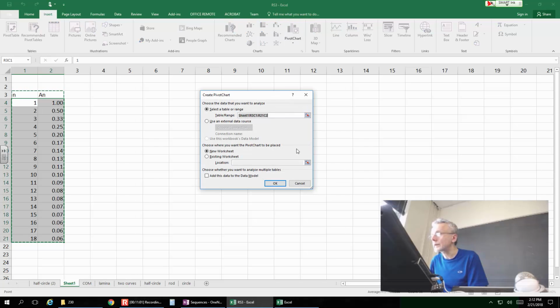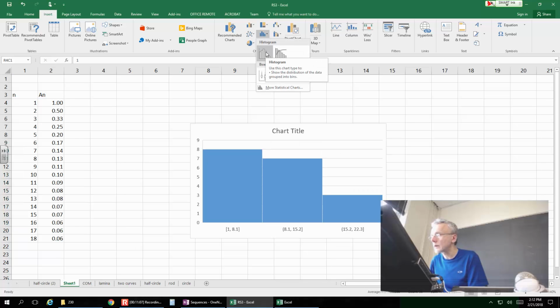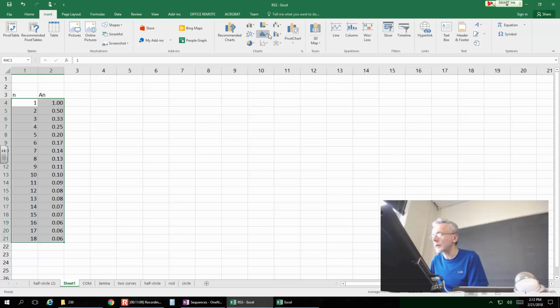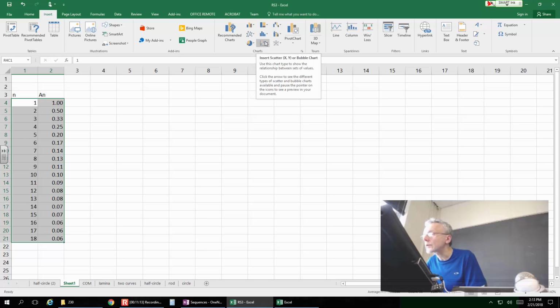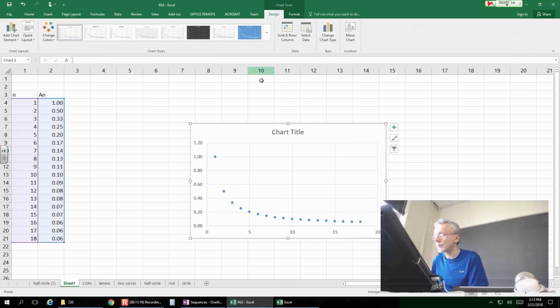Far from perfect. Let me try this one again. I guess I'll have to go with this one. Scatter plot again. Okay.